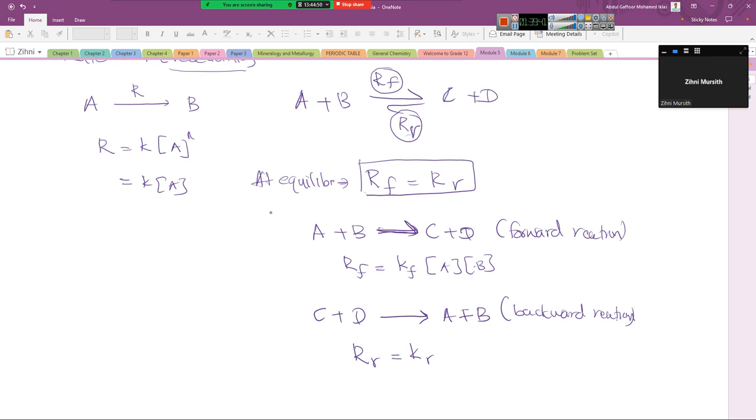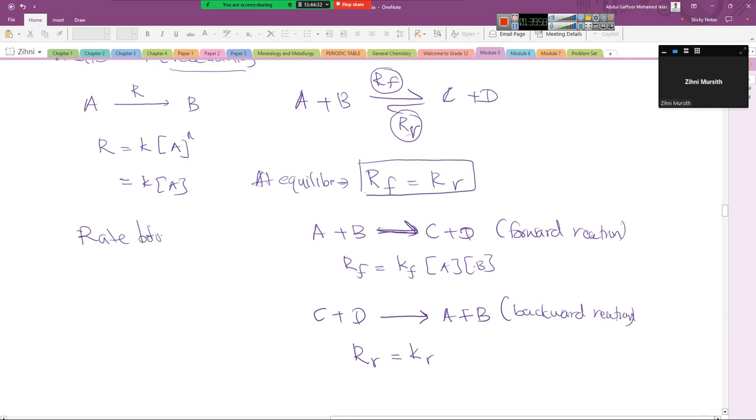Otherwise you can say order of reaction also, right? That is a constant, right? That is a constant because we call this the rate law.